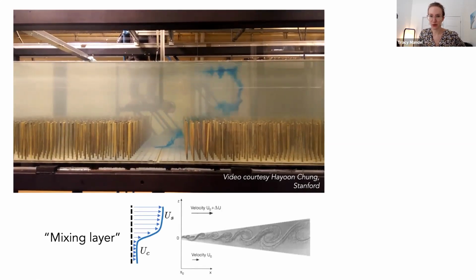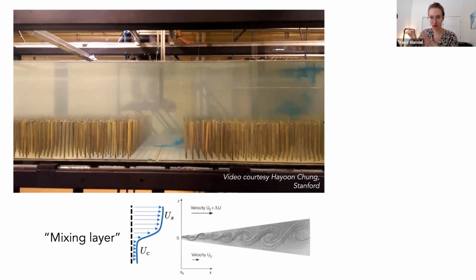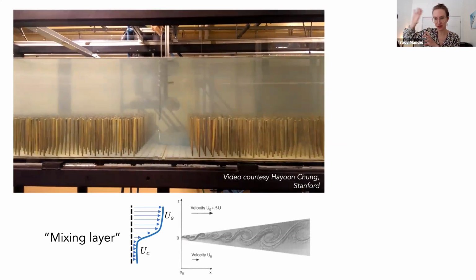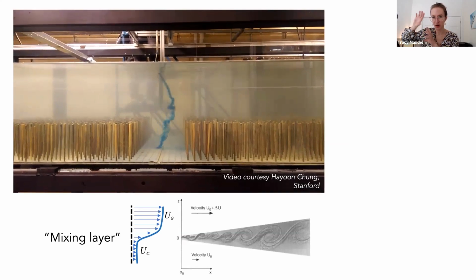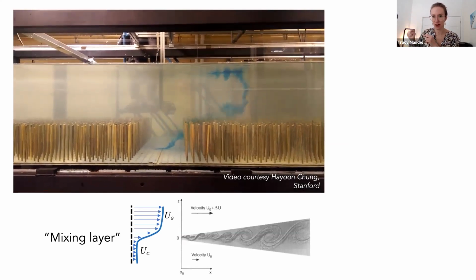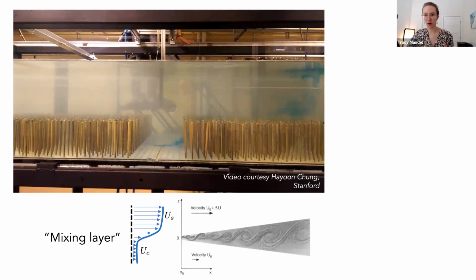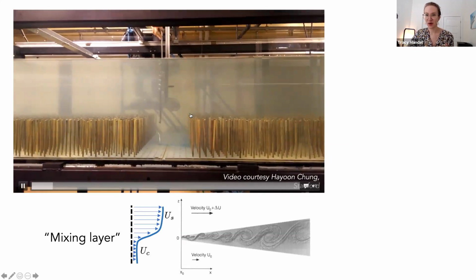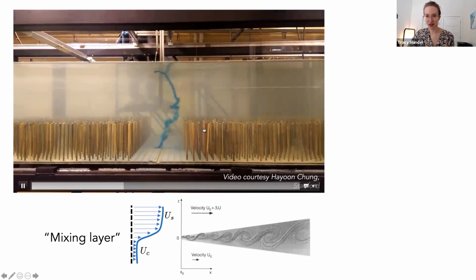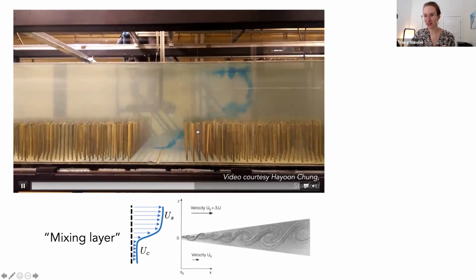In fluid mechanics, we call this a mixing layer, where a stream of slow moving fluid and a stream of fast moving fluid meet, causing a strong amount of mixing at the point where they meet, which in this case is right at the tips of these model vegetation elements.